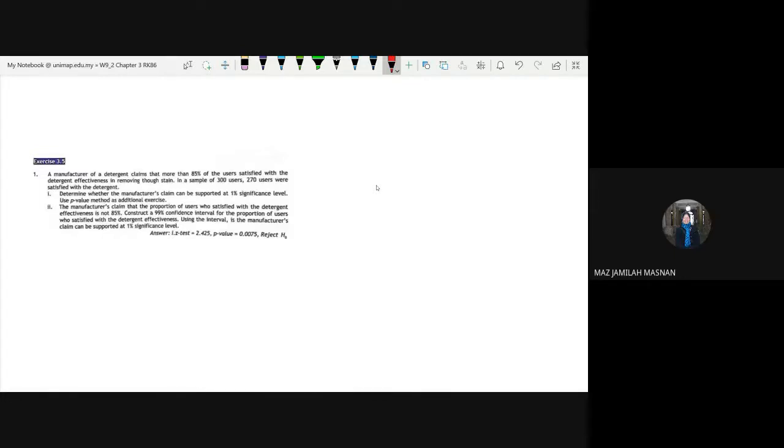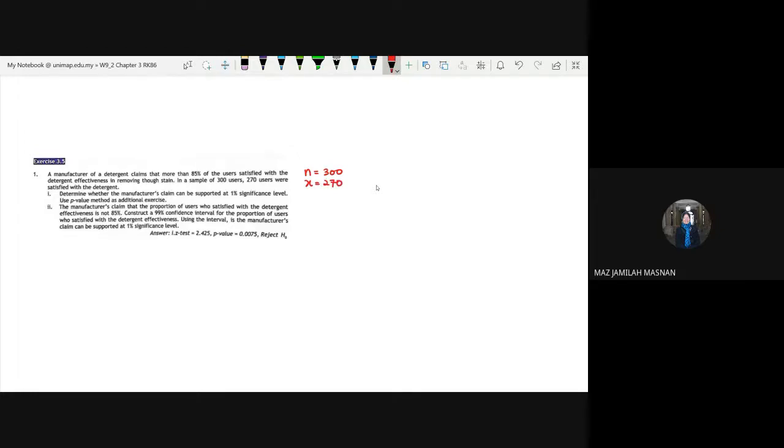A manufacturer of a detergent claims that more than 85% of users are satisfied with the detergent's effectiveness in removing tough stains. In a sample of 300, 270 users are satisfied with the detergent. So n here is 300, your x is 270.